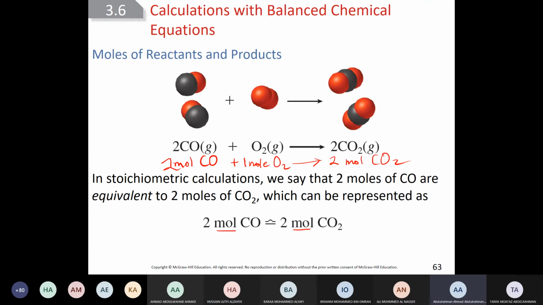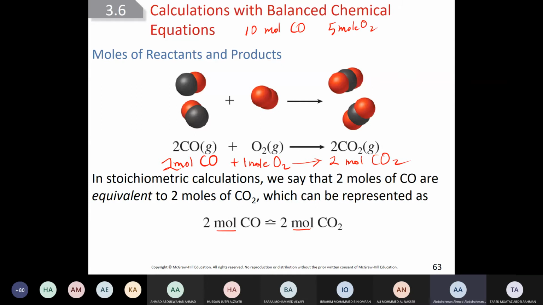Anyway, now let's look at this formula. I can relate things here very easily. I can say each 2 mole of CO needs 1 mole of O2 to give 2 mole CO2. If I have 10 mole CO, how many mole oxygen do I need to react with it? 5 mole O2.